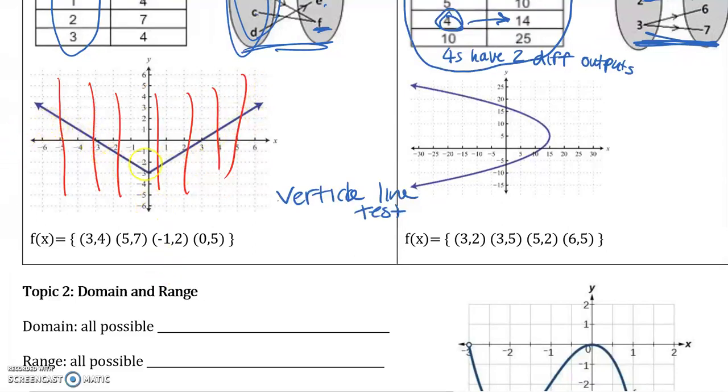Every single vertical line that I draw on this absolute value graph only crosses the graph in one place. But if I go over here to this sideways parabola, several of the vertical lines cross the graph in two places. So this is not a function because it doesn't pass the vertical line test.